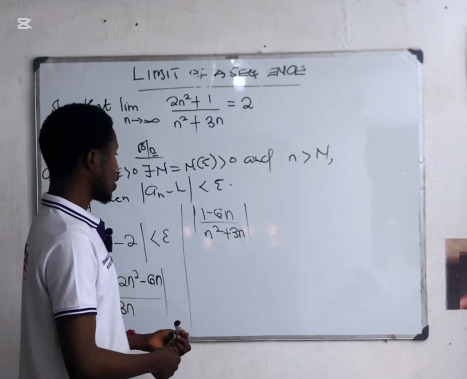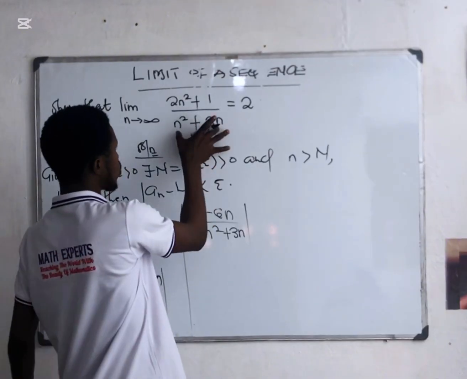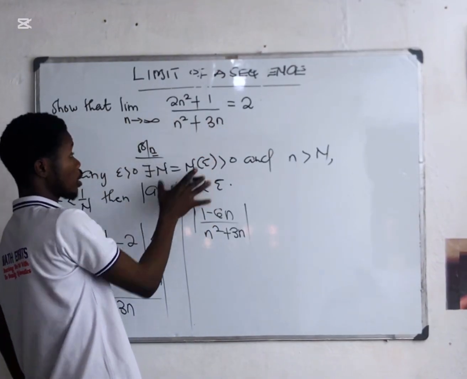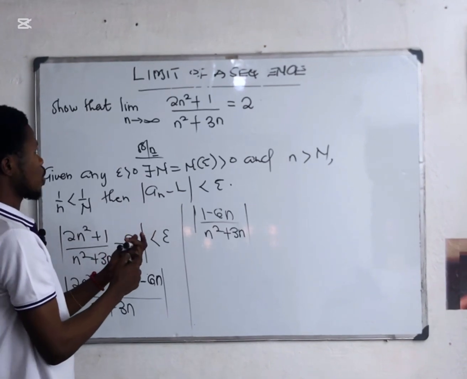In this case, let me go back to this. If I'm solving this one without having to prove using the epsilon, and I'm just solving it straight away, you know what I will do?